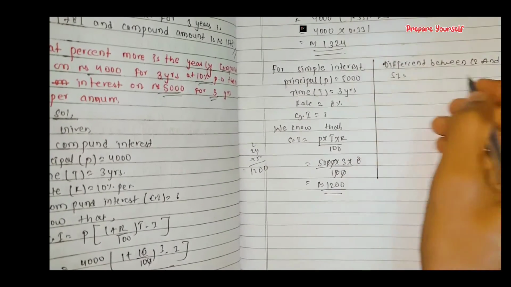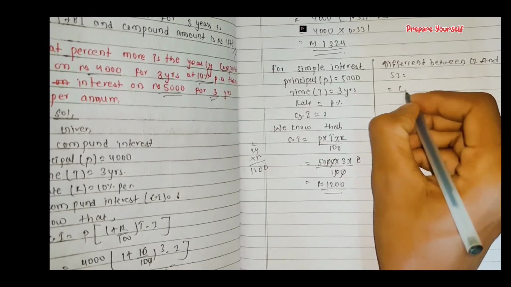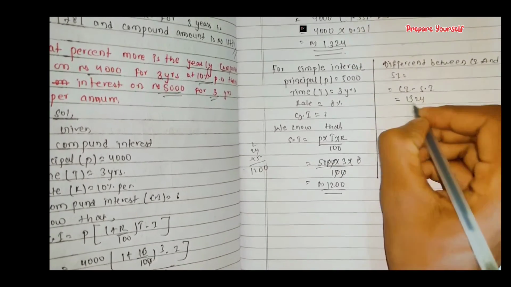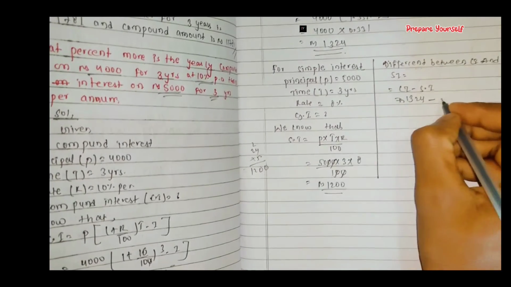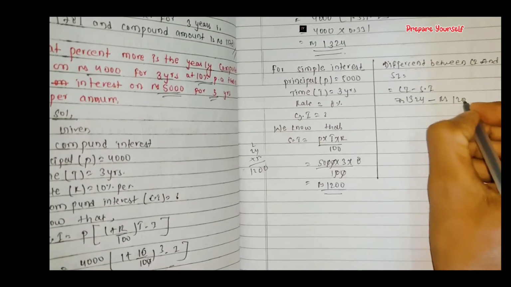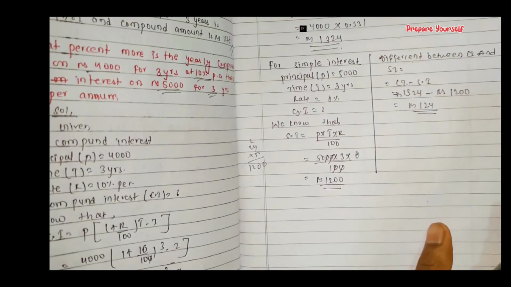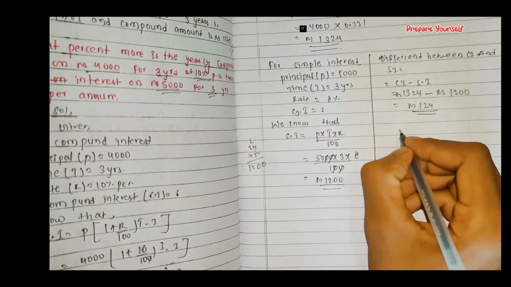Okay, so the CI is greater, so we have to write CI first, CI minus SI. The compound interest is rs 1324 and the simple interest is 1200. Now rs 124. Now we have to find the percent.